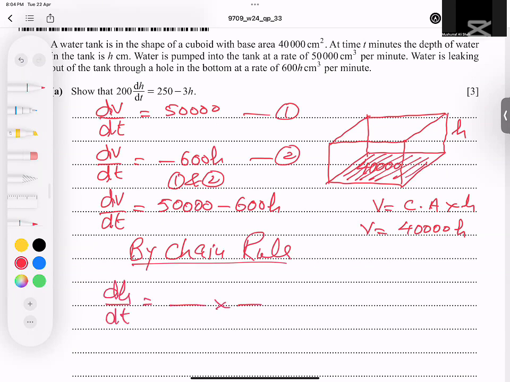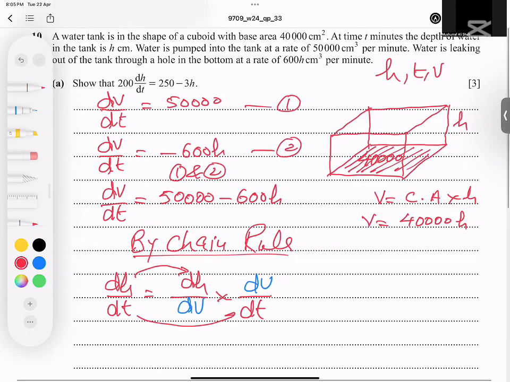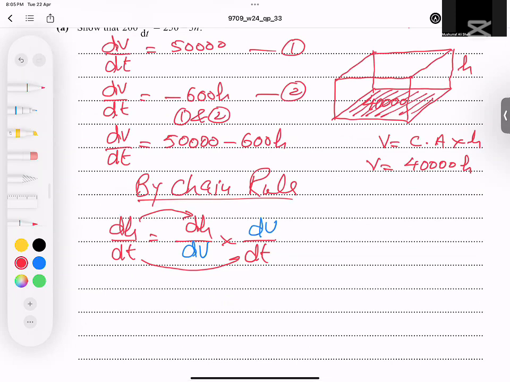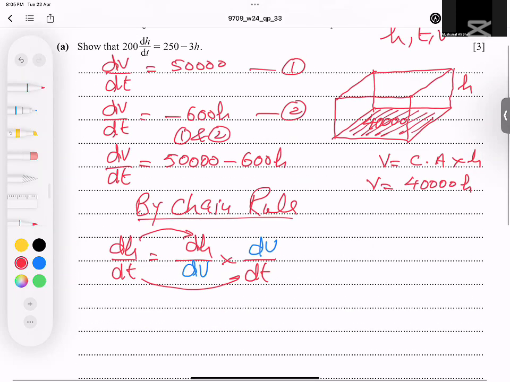I'm writing two fractions. This comes in the first numerator and this goes in the second denominator. And what is the third variable? Three variables are involved: height, t, and the volume. So volume will come here and here. I believe you people are understanding. Now I'm going to plug it in. But the problem we have here, we can get it from here. So differentiate with respect to height.